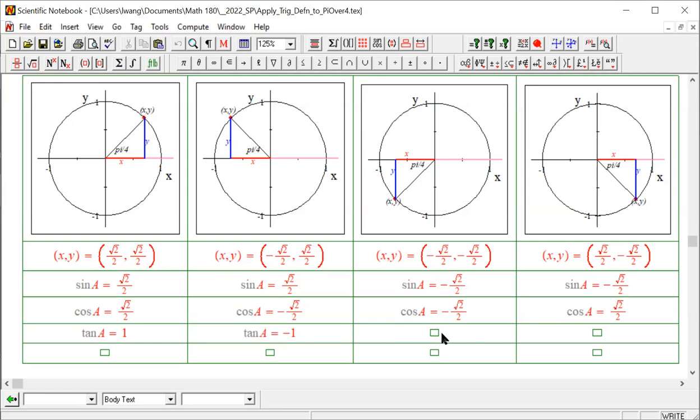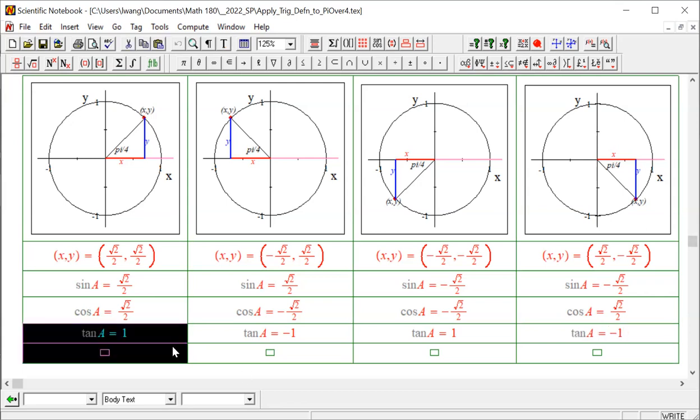Tangent of any angle that terminates on this terminal is going to be +1 because it's negative divided by negative. And the last one, tangent of any angle that terminates on this same terminal is going to be -1.